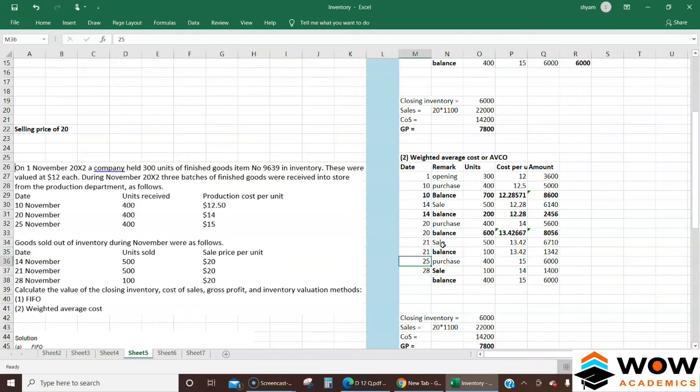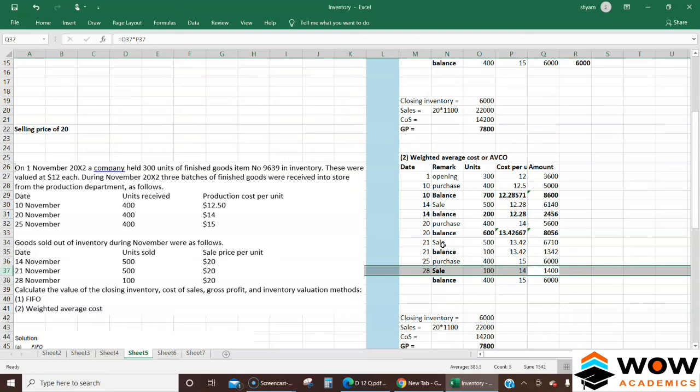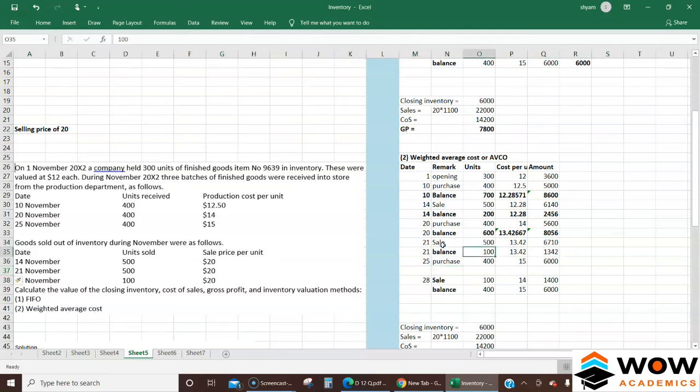So again on 25 we purchase 400 units, which is at 15, and this number. So we have to again balance it. So we'll take here. So we already have 100. Now we bought 400.